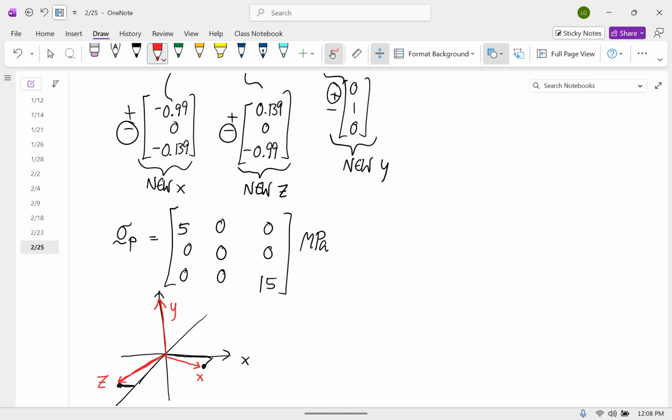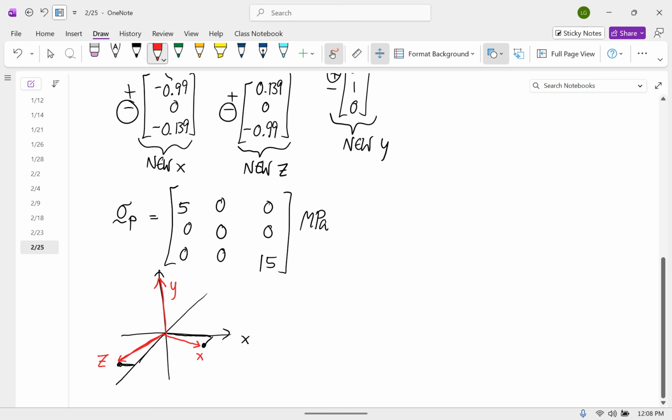You could go, so that rotation angle is the inverse cosine of 0.99. And so that angle is like 8.1 degrees.